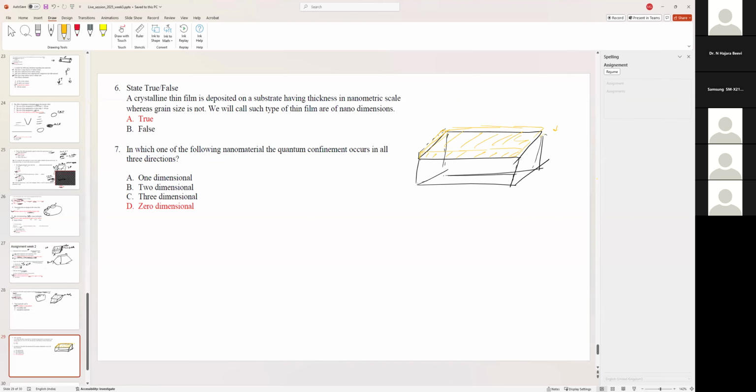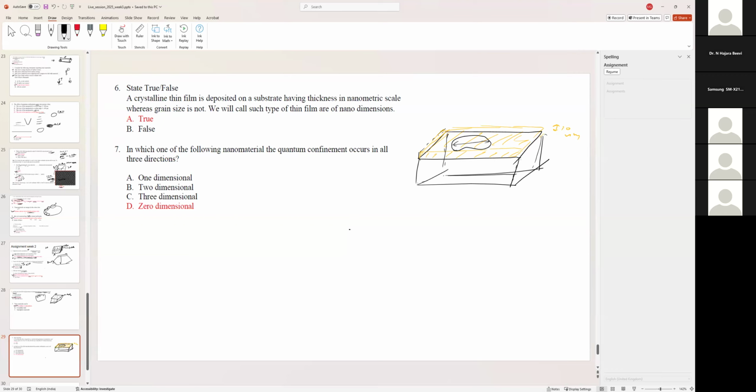Okay. So this thin film is in nanometer scale, maybe 10 nanometers, whereas they have large grains.